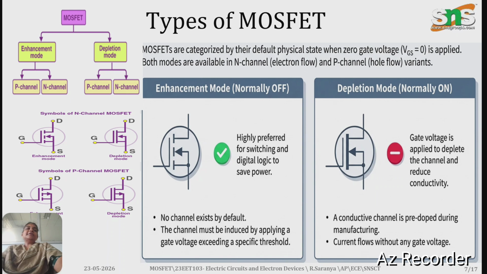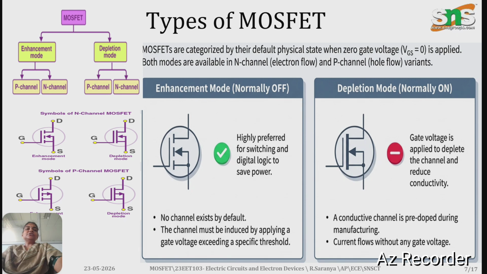Next come the types of MOSFET. We have two types: enhancement and depletion. Both have P channel and N channel versions. Enhancement mode has P channel and N channel, and depletion also has P channel and N channel. The enhancement mode is normally in the off state, which is highly preferable for switching and digital logic circuits to save power.